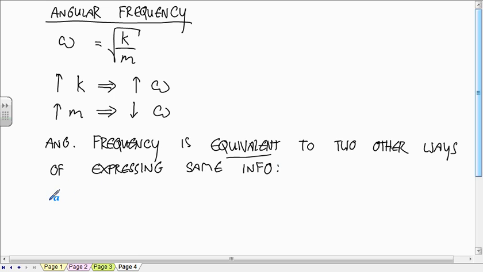The first one is the period T. I'll always write that as a sort of fancy capital T. The T is for time. And the period is the amount of time it takes for the cycle to repeat, for the pattern to repeat.